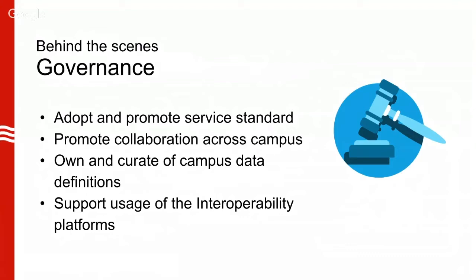We also need governance to help us define campus definitions for the data that we're using. So we need to talk about things in a standardized way, regardless of where they're expressed. And I know the Office of Data Management is sort of starting to do this, right? This concept of the data cookbook, for example, is something that I know that they are pushing, that they have sort of thought up.